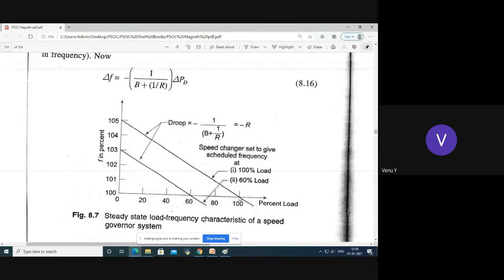That is our control action. In practice, theory is somewhat different from the practice. Practically, it is different. Let us understand that point conceptually.